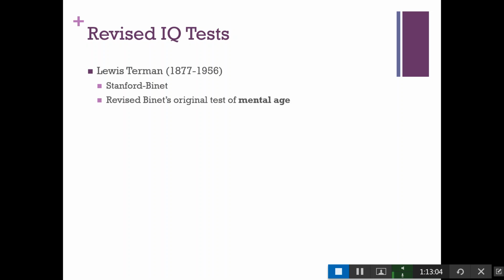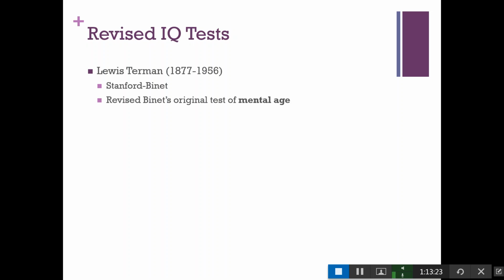Again, Binet did not want this at all. In fact, he explicitly said this isn't a test that's going to tell you how intelligent a person is. This is just a test to tell us where children might be so we can properly place them in classrooms that would be beneficial to them for learning.